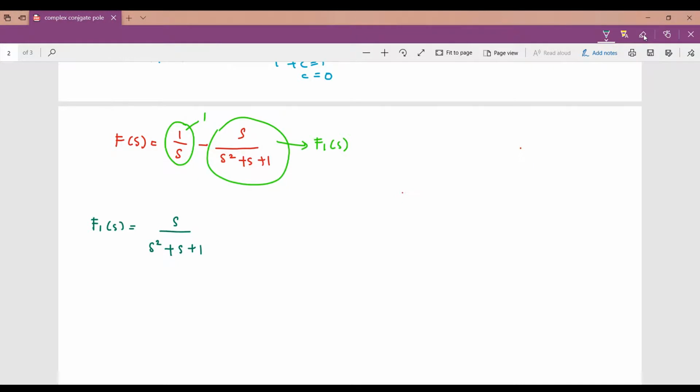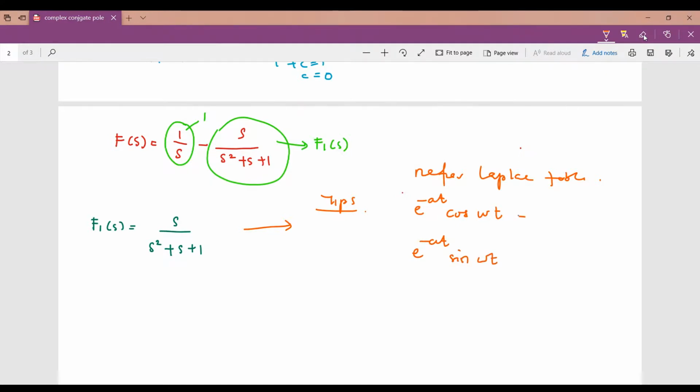So this is a tip, okay? I will give you one tip, and I use orange. You need to look at your Laplace table. Just look at e to the negative at cos omega t and e to the negative at sin omega t.